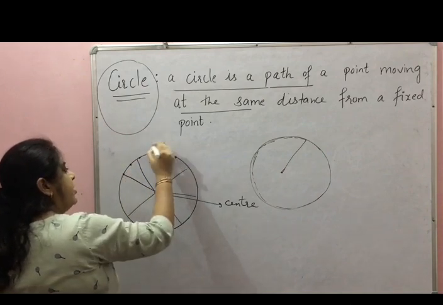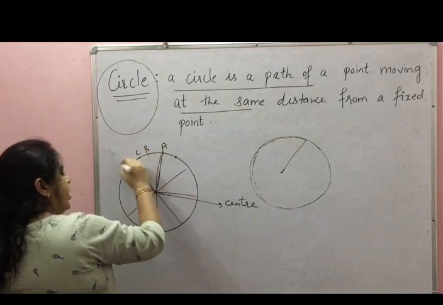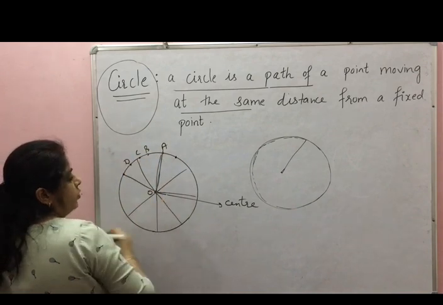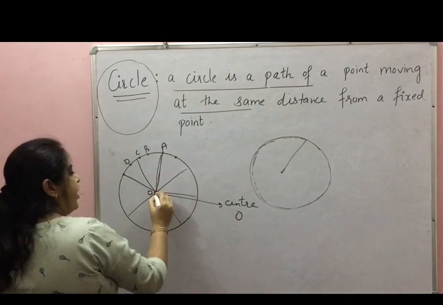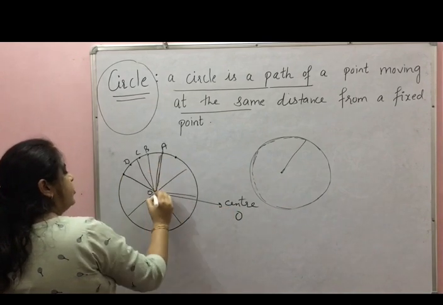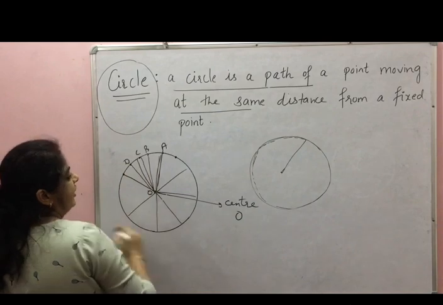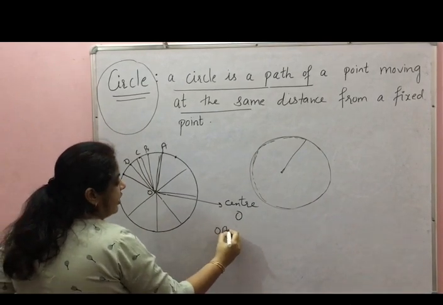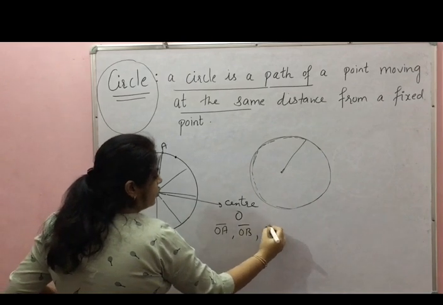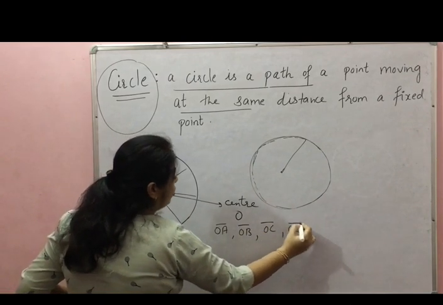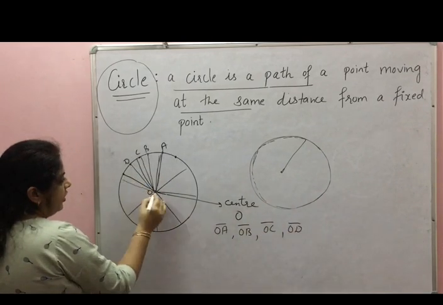Just suppose we name these points, and this fixed point is O. So what would be the center? O. And if we join O to A, O to B, O to C, O to D, then all these are called radii. So how many radii do you have in a circle?